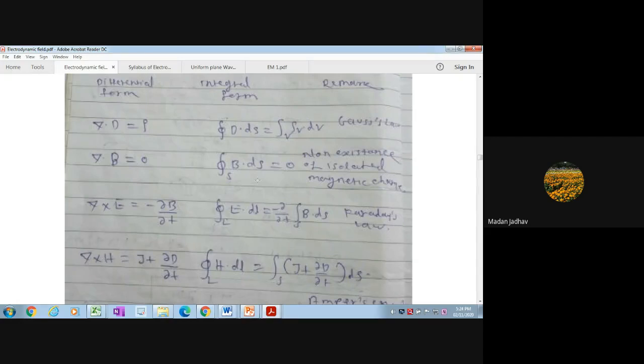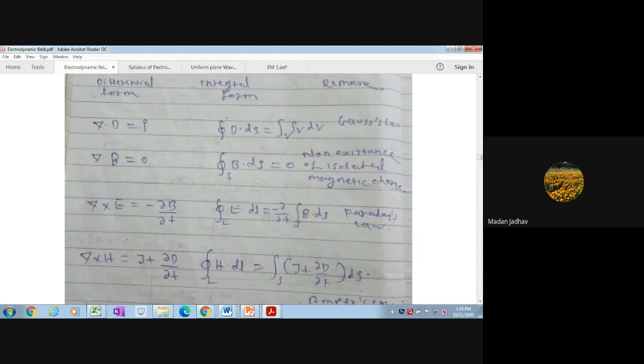Why? Because there is entering flux and also outgoing flux, and therefore the net sum is equal to 0 when you take the closed surface integral of magnetic flux.